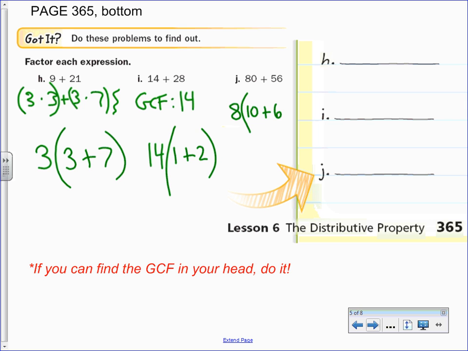No, whoops. 8 times 6 is 48. Sorry. 8 times 7. 8 times 7 is 56. Remember what we would do with this? We'd say 8 times 10, 8 times 7, add them together, or 17 times 8, which is still a little bit hard to do in your head.